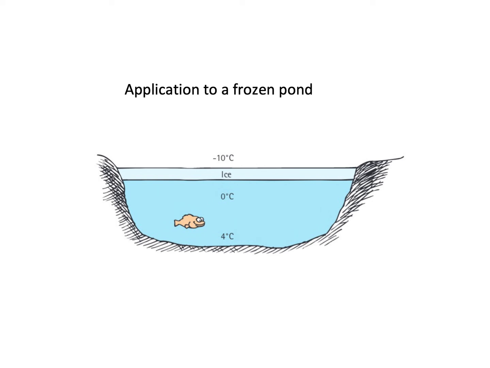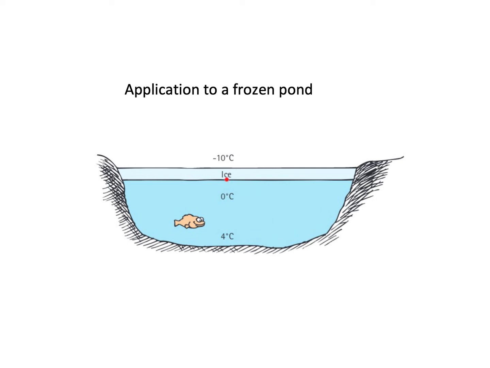But with water, it's a little bit different. Because what happens as the water starts to get colder and colder, when it gets to 4 degrees, that's when it is most dense. And so you're going to have water that is maybe 6 degrees here, it's cooling down.